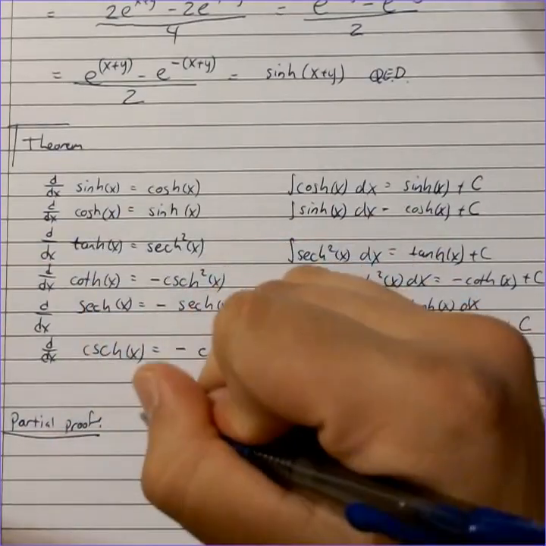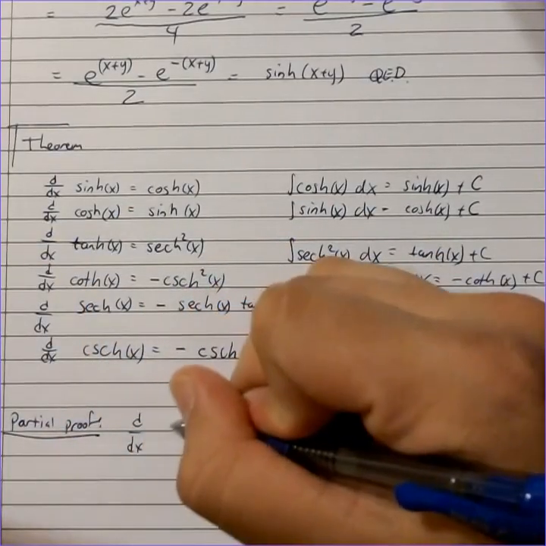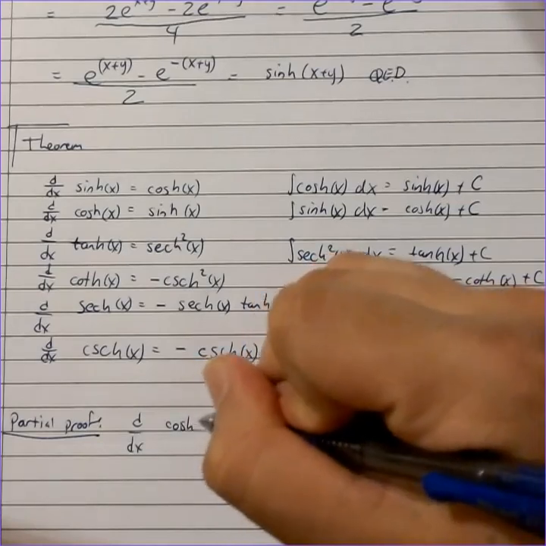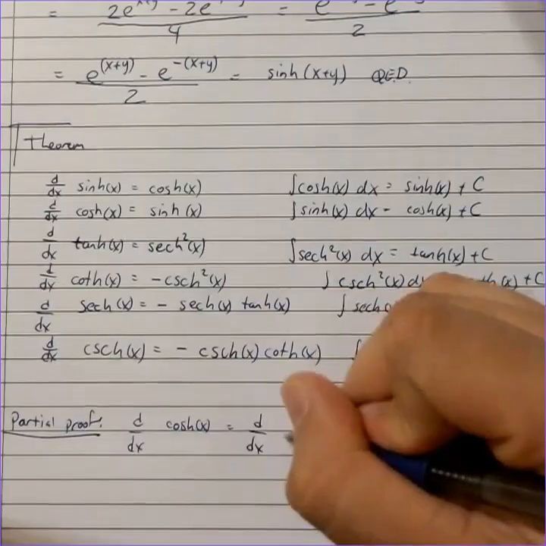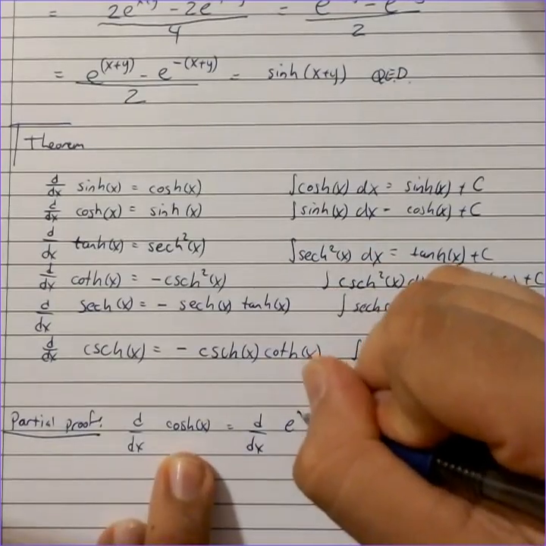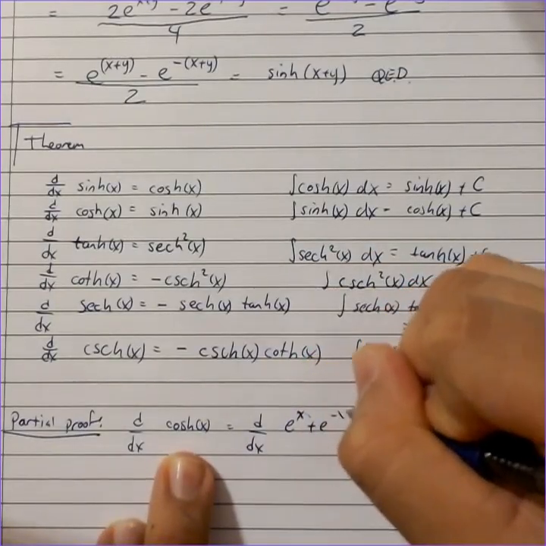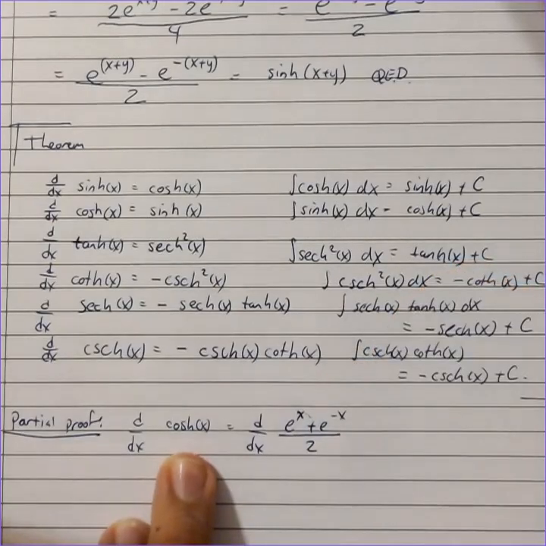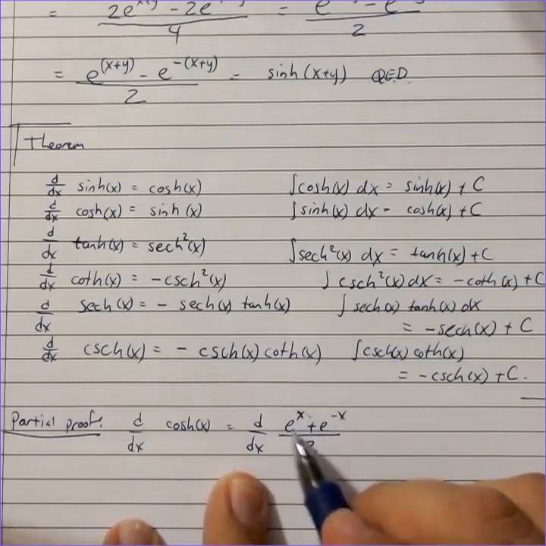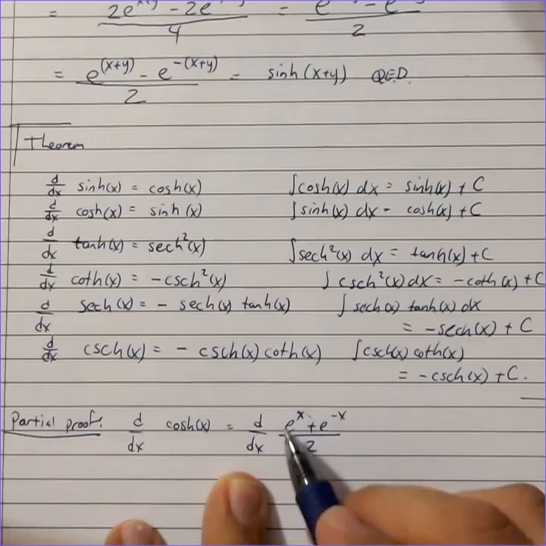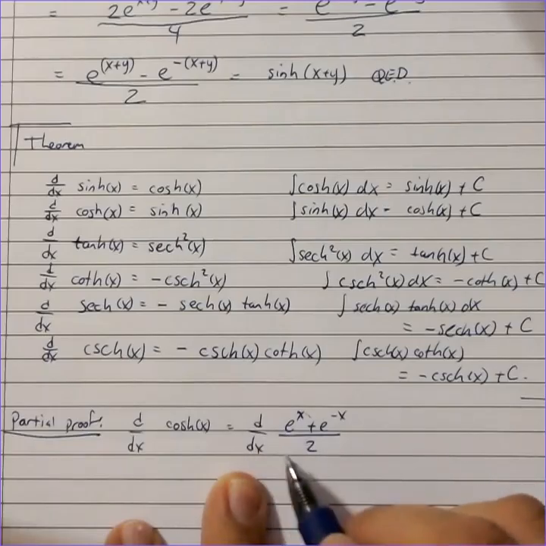We're going to take the derivative with respect to x of the cosh of x, which is, by definition, the derivative of e to the x plus e to the minus x over 2. Okay. Well, that's a constant 1/2, right? 1/2 times this, which we can then factor out because, of course, the derivative is a linear operation.